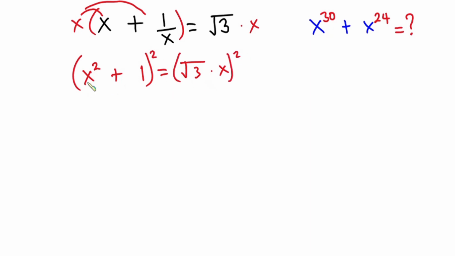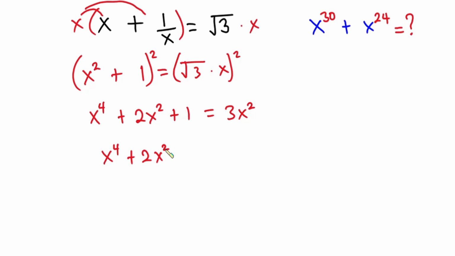Expanding the left-hand side, we have x to the fourth power plus 2x to the second power plus 1, and this is equal to square root of 3 squared, which is 3, times x to the second power. Now let's group like terms. We have x to the fourth power plus 2x to the second power.